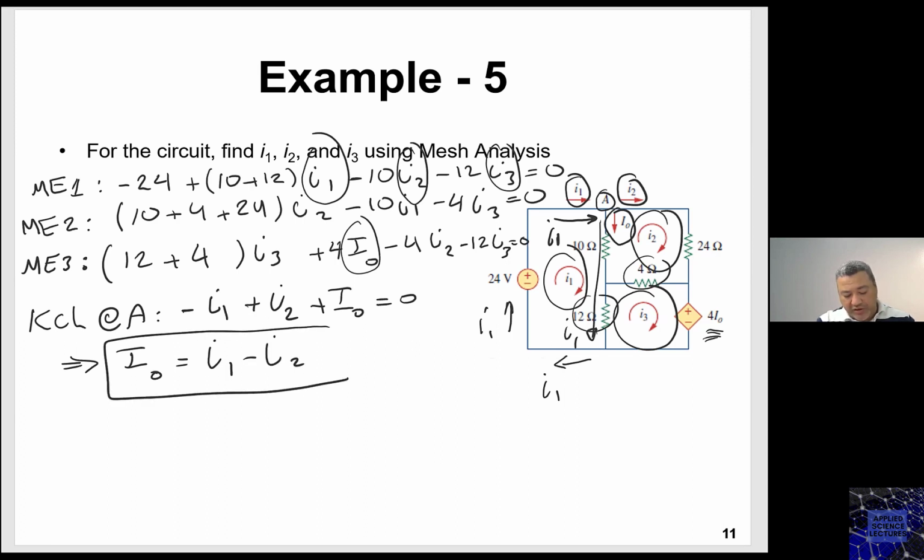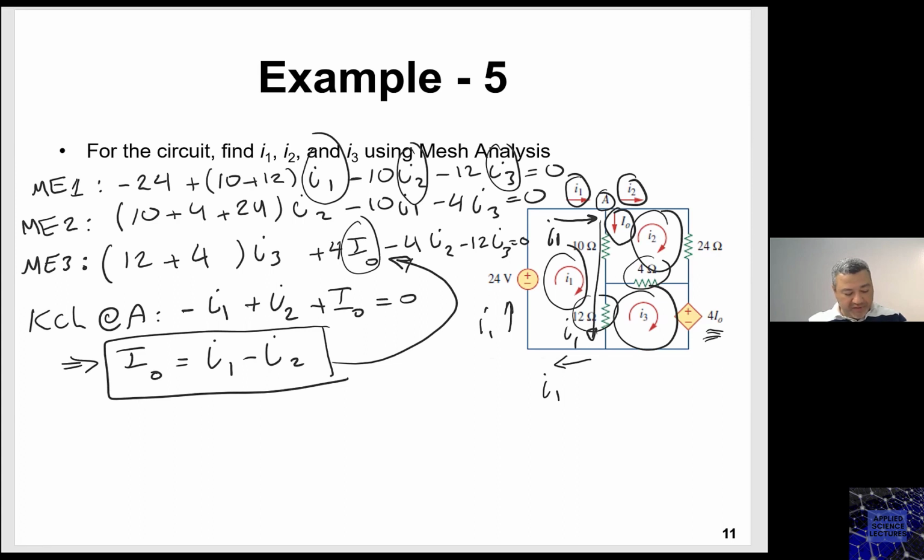This is now the fourth equation that's going to allow me to solve those equations simultaneously. Now, if you substitute this I naught into here and rearrange those three equations, you are going to get three equations, three unknowns. Then you can start eliminating those variables and calculate I1, I2, and I3.